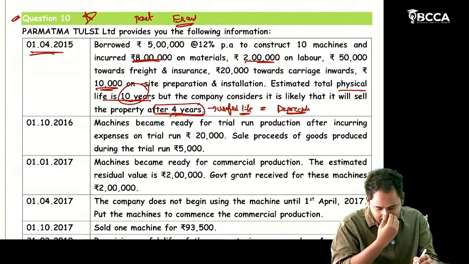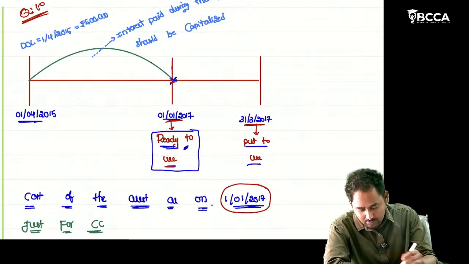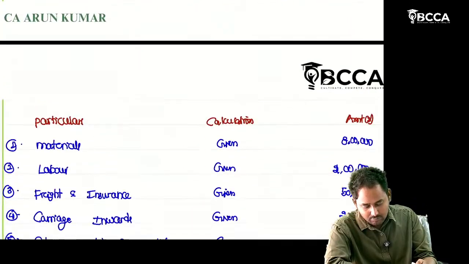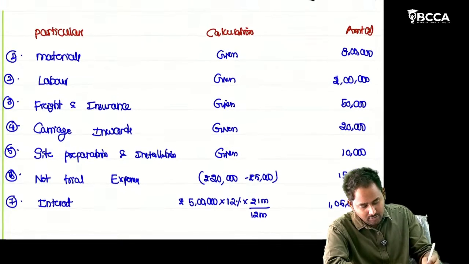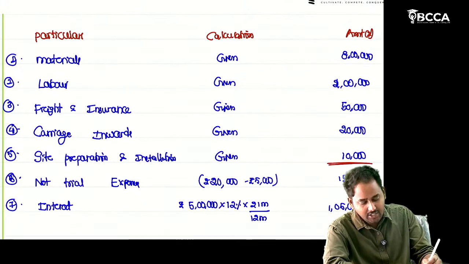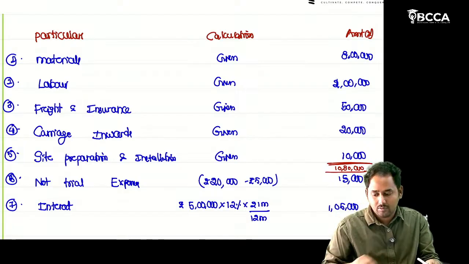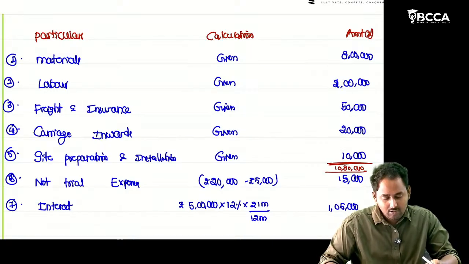That is 10 lakh 80,000. 8 lakh plus 2 lakh plus 50, 20 and 10.